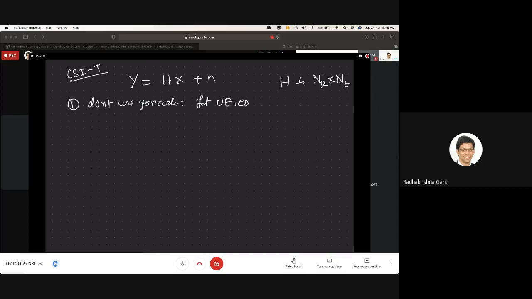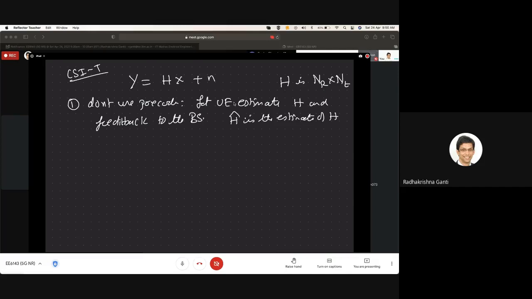Let the UE estimate H and feed it back to the base station. Now the base station will get an estimate of H, that is called H hat. If your SNR is good, your H hat will be closely equal to H.